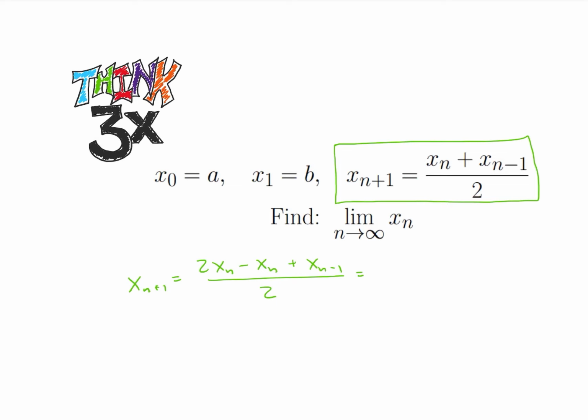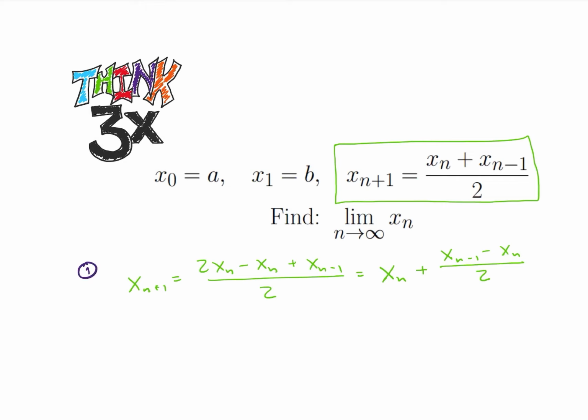So I want x sub n plus 1 to be directly related to x sub n. And I do that here, so I can pull out that x sub n, and I'm going to have that plus x sub n minus 1 minus x sub n divided by 2. So I'm going to have my previous term plus the difference between my previous two terms divided by 2. This is going to be pretty useful as we move forward.